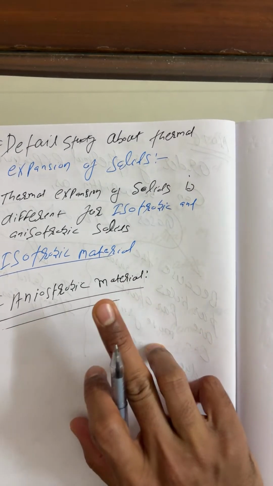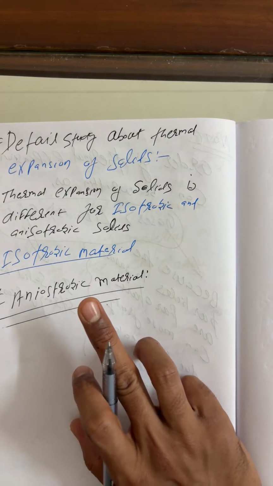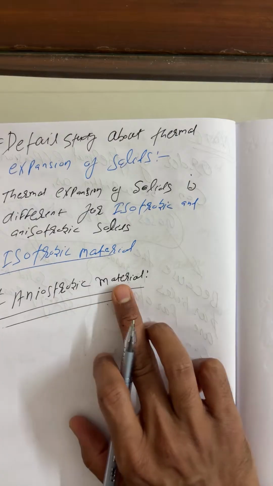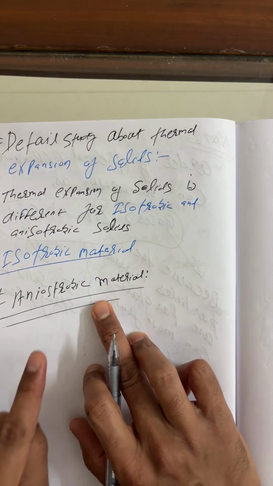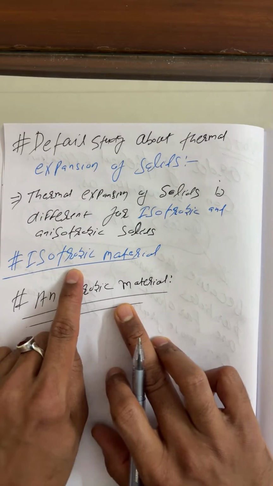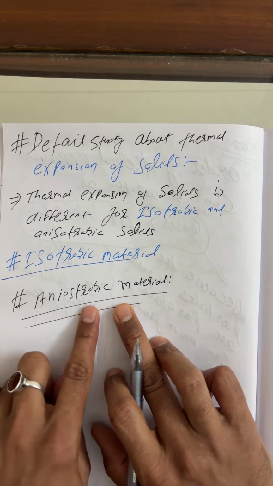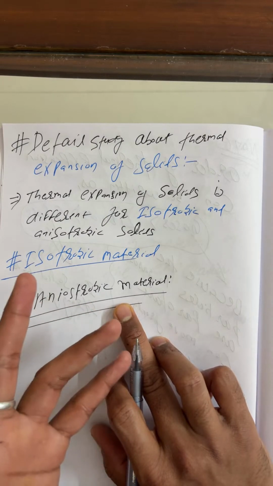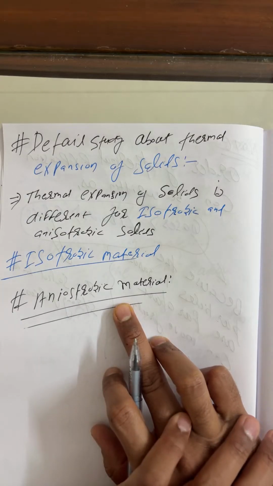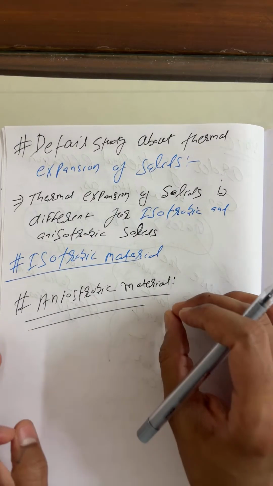Those materials have properties that differ according to the direction of measurement. For isotropic, the properties remain the same in all directions; here, the directions give different properties. Examples are graphite, wood, carbon fiber, etc. So this is all about the basics of this.